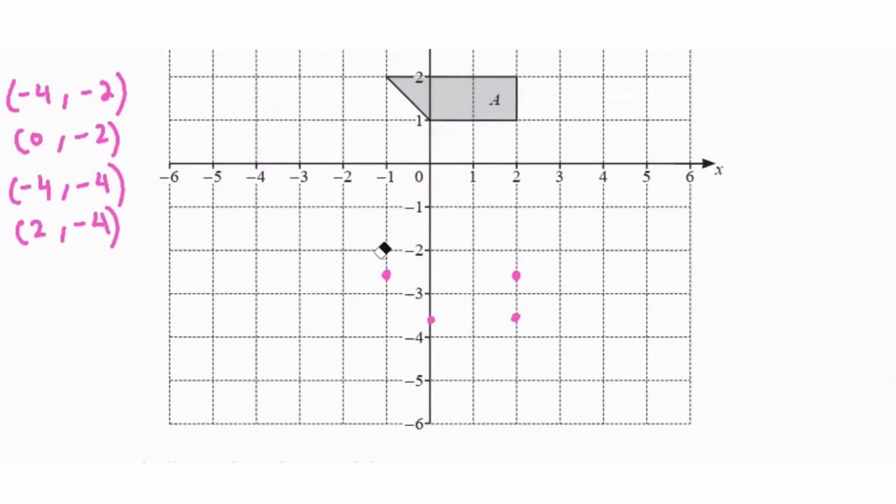So they're mostly going to be over here. Okay. So negative 4, negative 2 is down here. 0, negative 2 is down here. And negative 4, negative 4 is here. And then we have 2, negative 4. So if we connect the points now, this is our shape C.